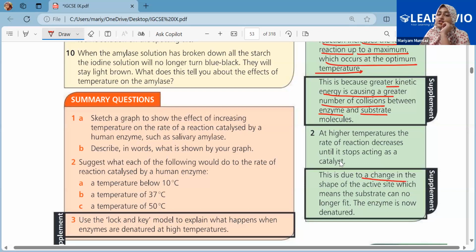This is due to the change in the shape of the active site, which means that the substrate can no longer fit. The enzyme is now denatured. Clear? Any doubts? So the substrate cannot fit with the active site. No, it won't. Okay, I got it.